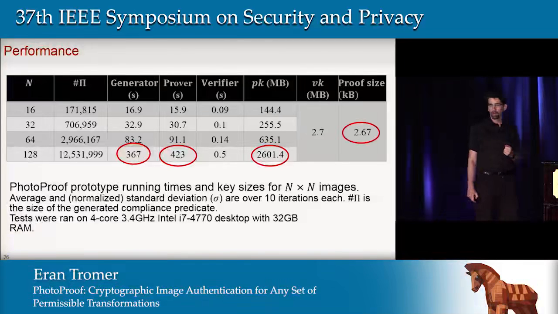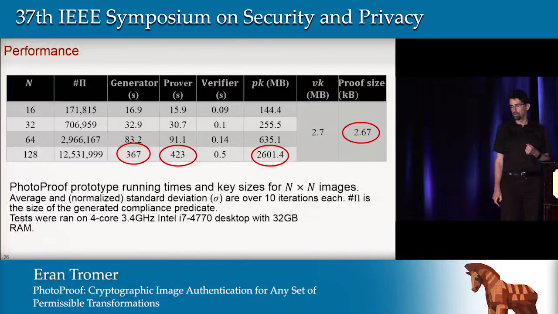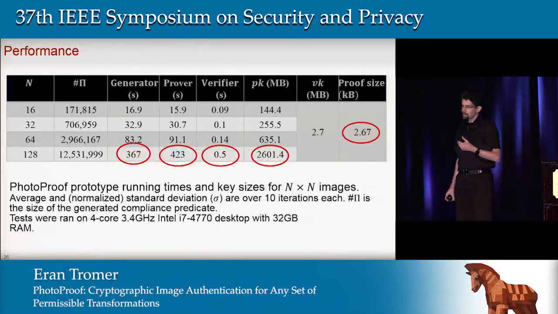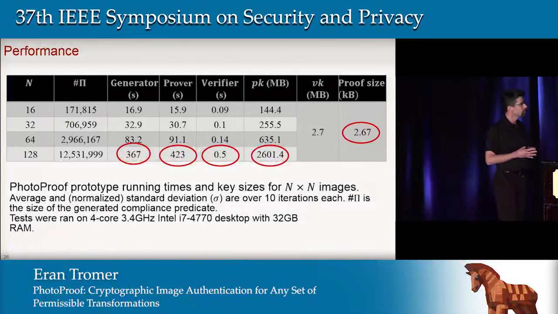The size of the proof is just a few kilobytes, and the verifier runs in under a second. And you may note that the numbers are surprisingly similar to those of the previous talk. It's, I think, partly coincidence and partly both teams optimizing their benchmarks to what could run and finish in time for the submission deadline.